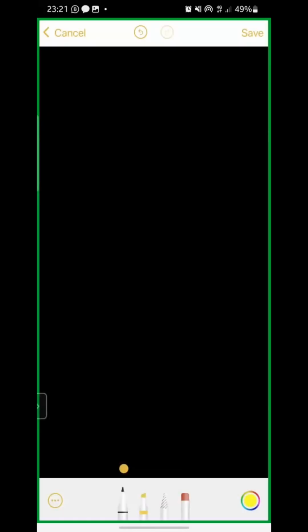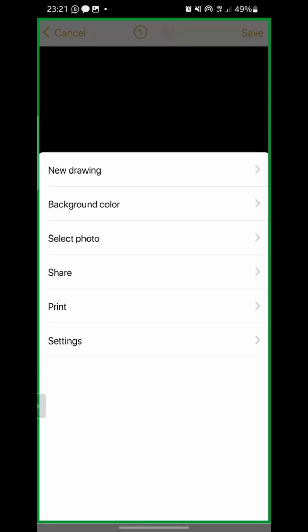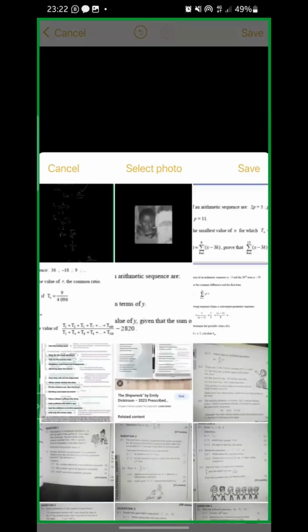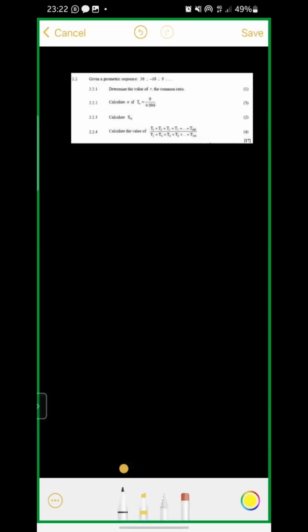So new drawing, and then we can select photo. Right, and we did that. So let's go to this one.